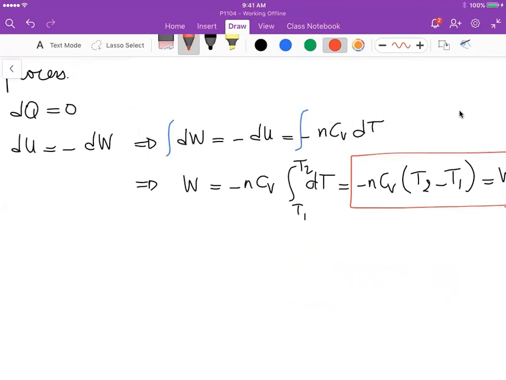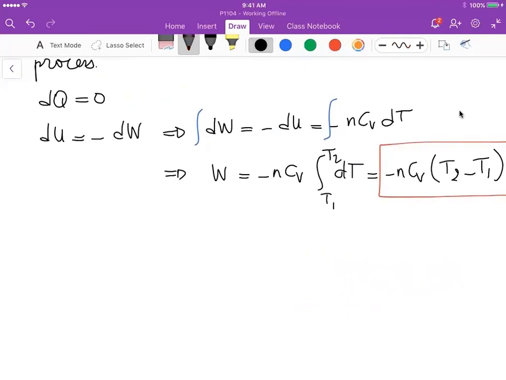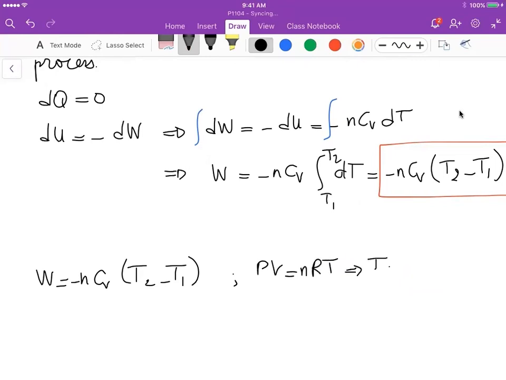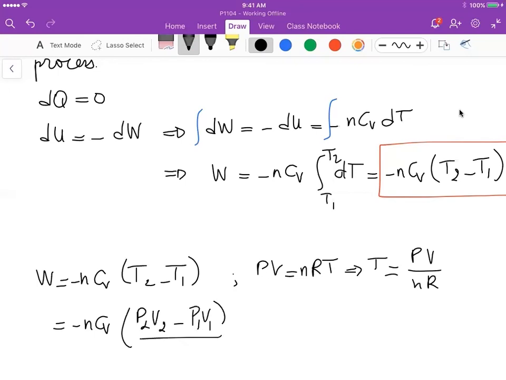Still, you can deduce this expression, or we can still see how much the work is. Since the work turned out to be minus nC_V (T2 minus T1), and we saw from the ideal gas law that PV equals nRT, we can replace T by PV over nR. So if we put this in, we get minus nC_V (P2V2 minus P1V1) divided by nR.